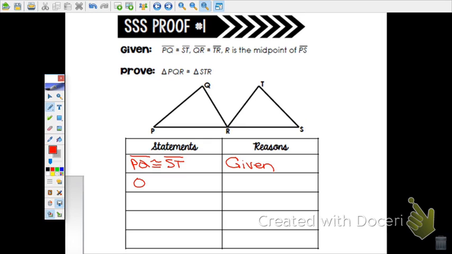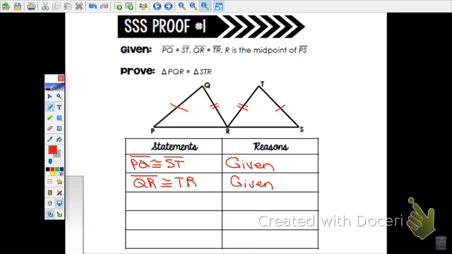We have QR congruent to TR, which was given. So I'm going to go ahead and mark those in my picture. So PQ and ST, I use 1 tick mark. TR and QR, I'm using 2 tick marks. Now those are things that I can mark in my picture.